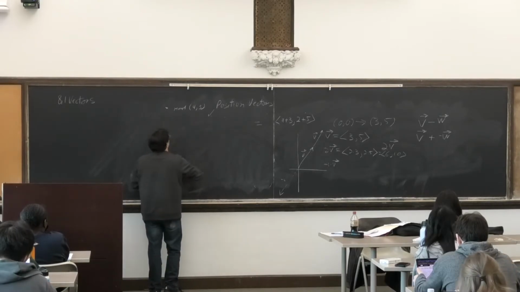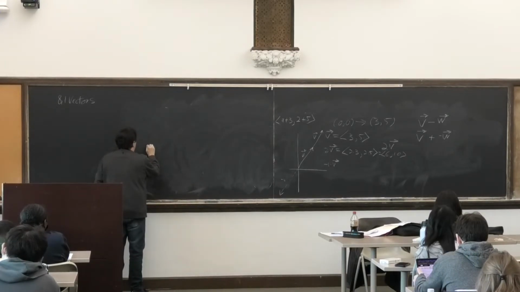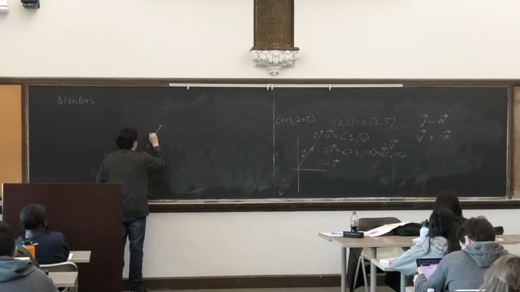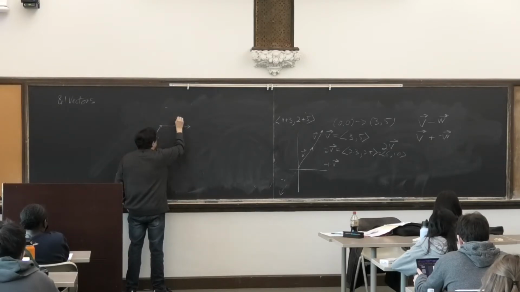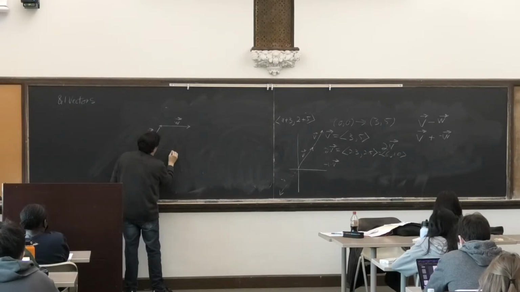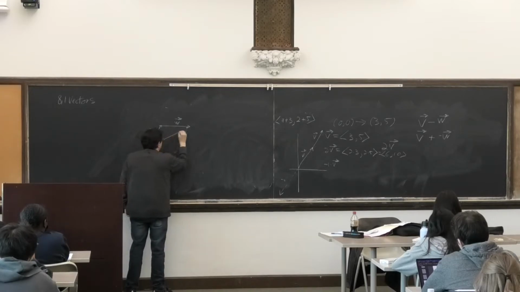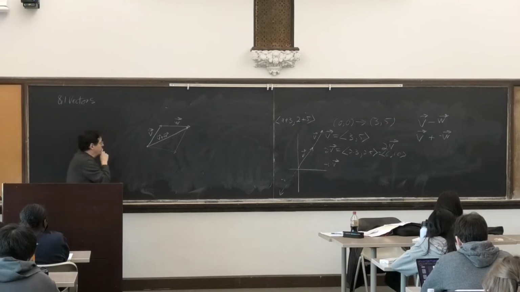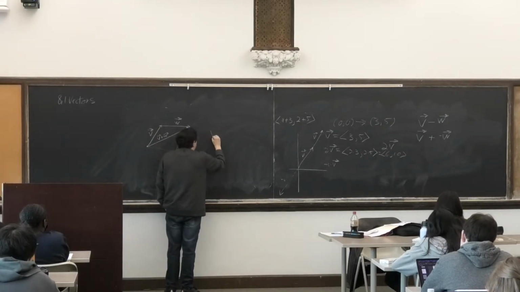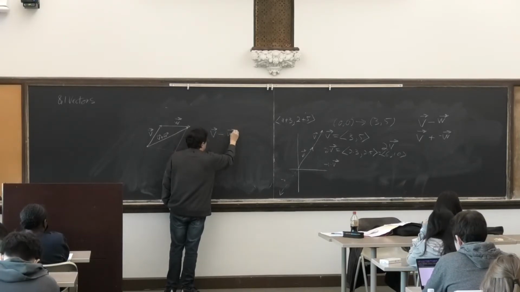Just going to do this without axes. So if I have a vector v, and I add it to a vector w, again, I get this kind of parallelogram. And v plus w is the diagonal here. All right. What if I want to subtract w from v?